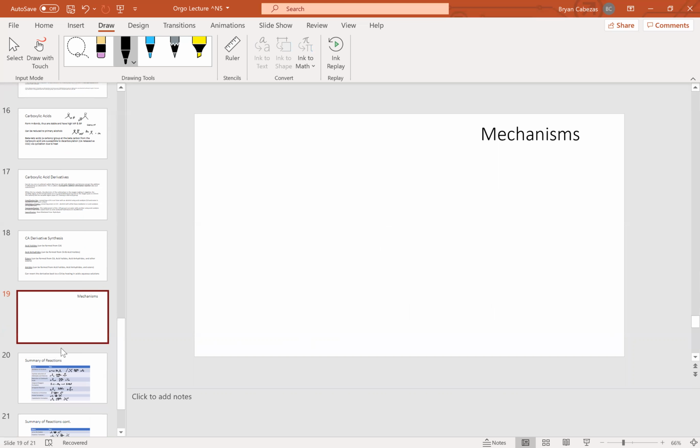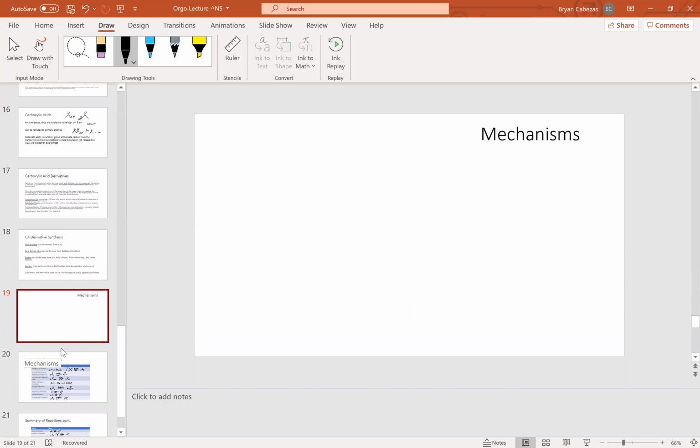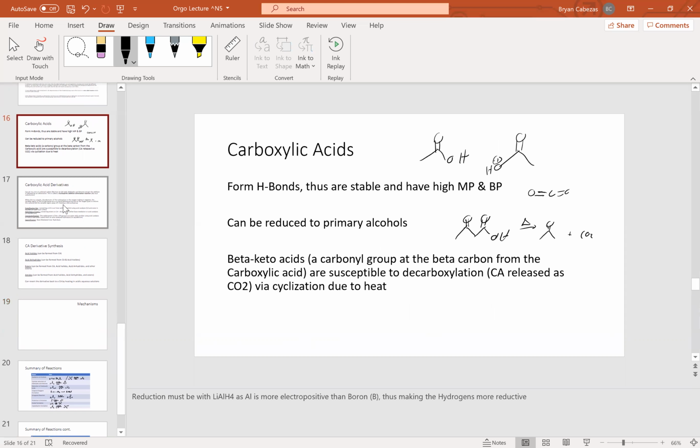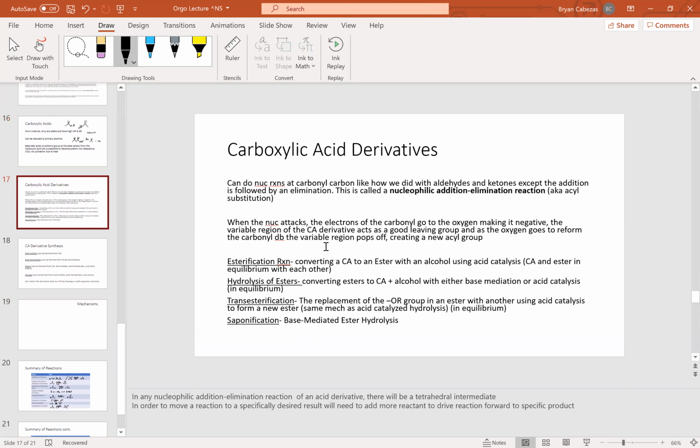All right. Next, what we're going to be going over is the carboxylic acid derivatives. Now, for the carboxylic acid derivatives, what you need to know is that we're going to be performing what is called a nucleophilic addition elimination reaction, right? So before, the carbonyl group just kind of dissipated out.